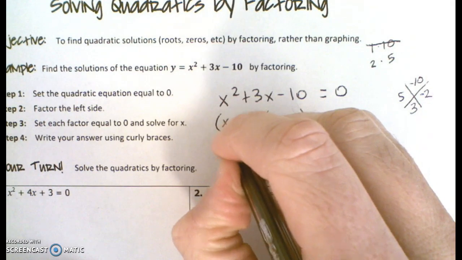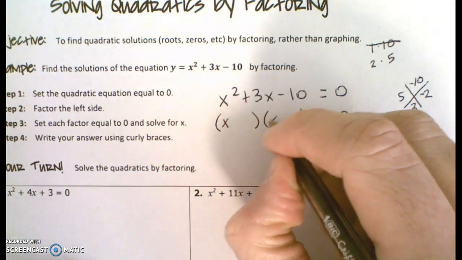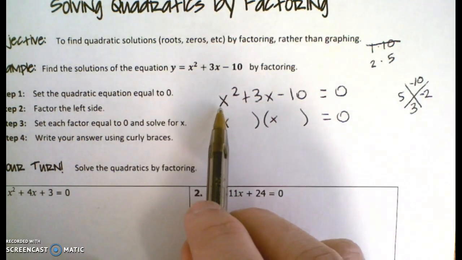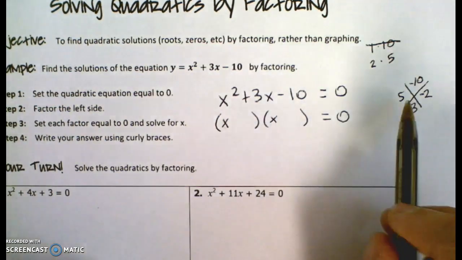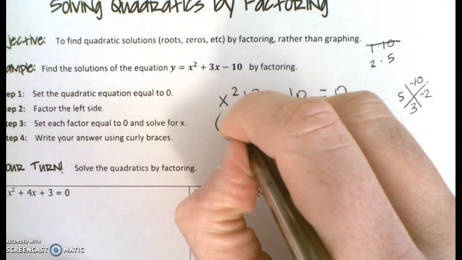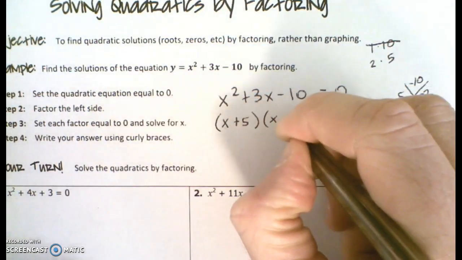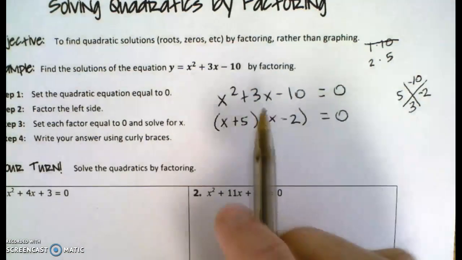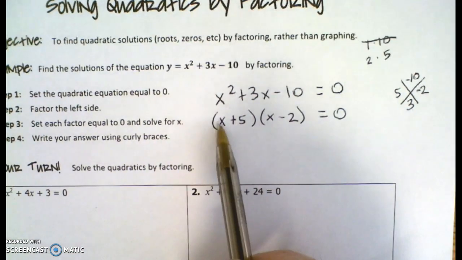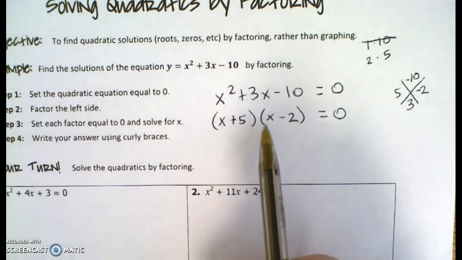You always start off with x and x if your first term is x squared, because if you think about it, x times x is x squared. And the other two numbers we have there are plus 5 and then minus 2. So now this equation is the same thing as this, but this is called factored form.